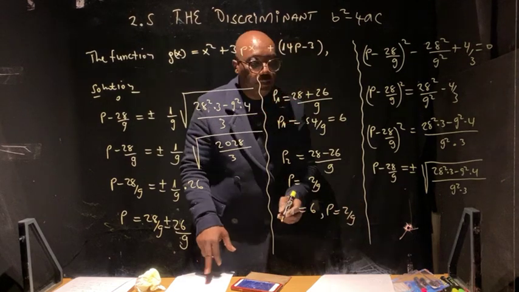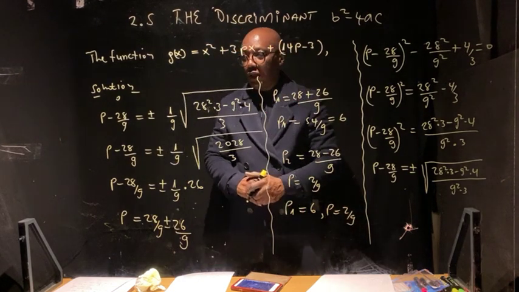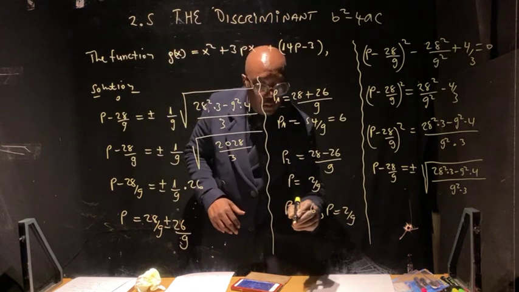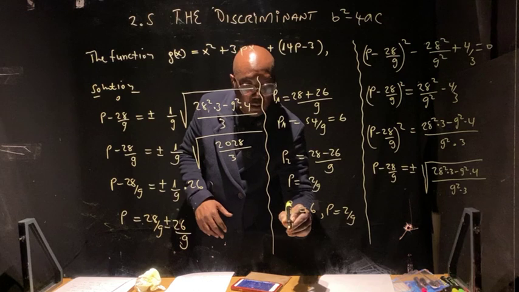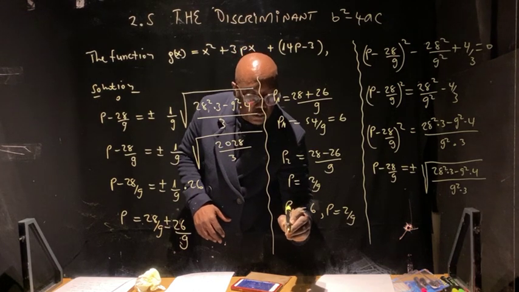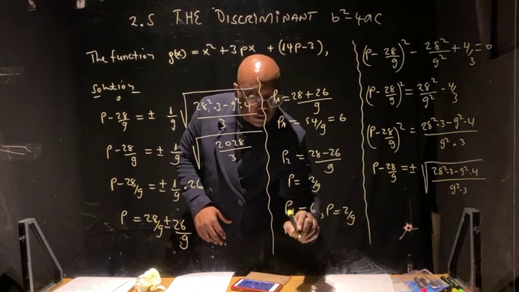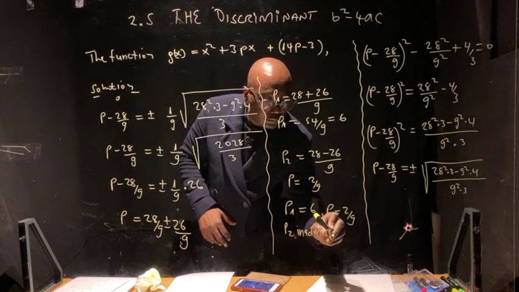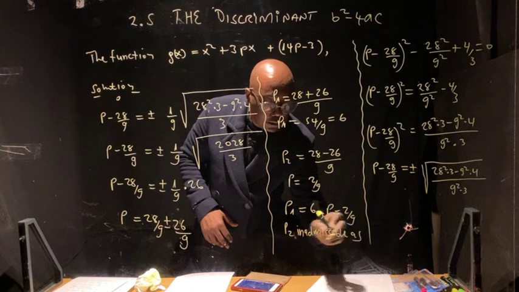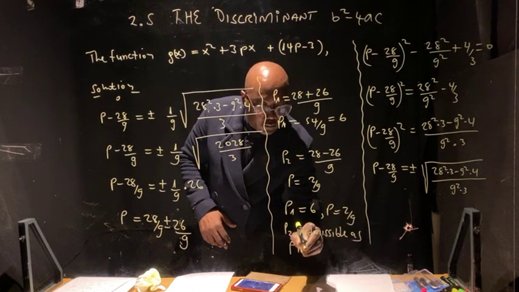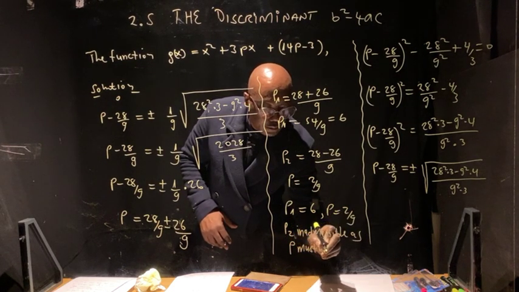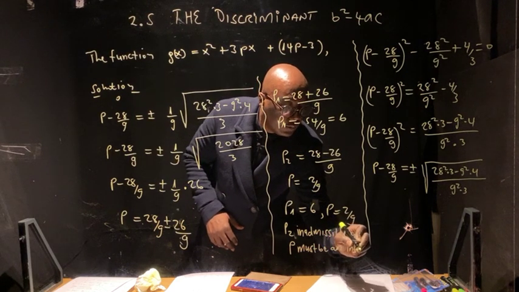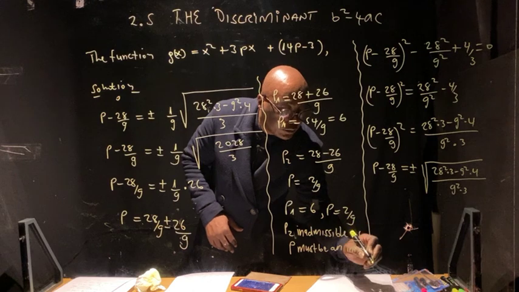P2 is inadmissible because we were told that P should be an integer. Therefore, P2 is inadmissible, as P must be an integer and it cannot be a fraction.